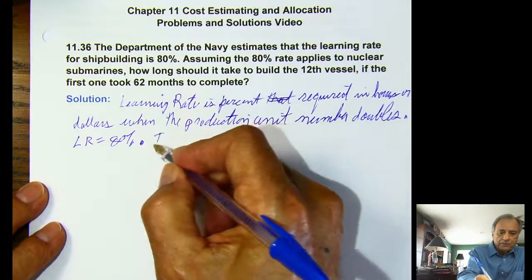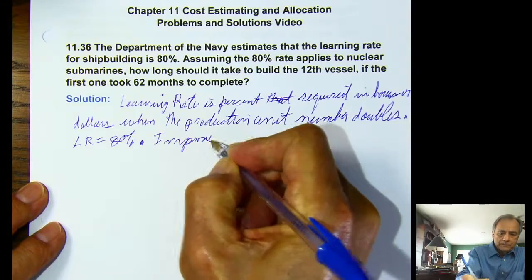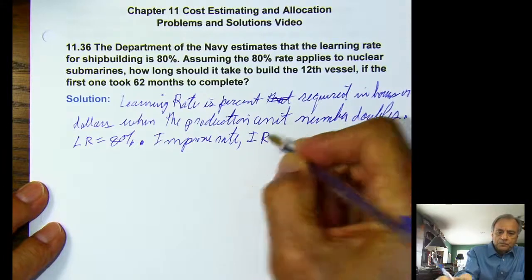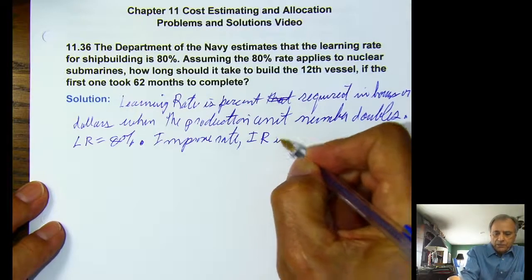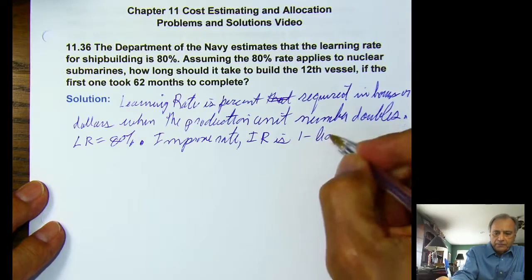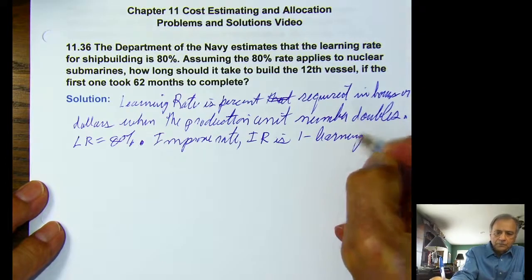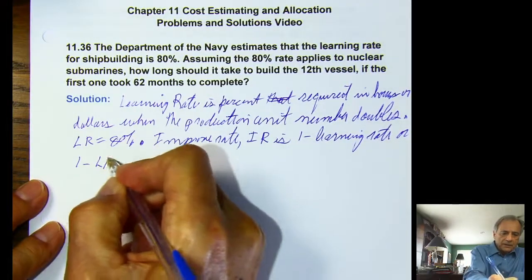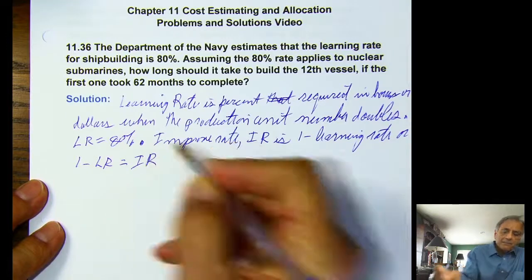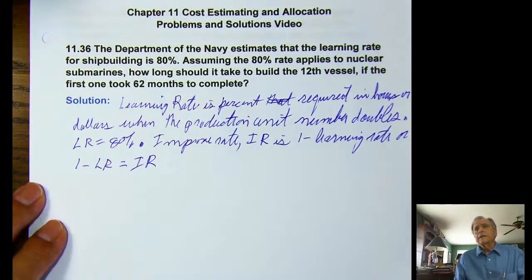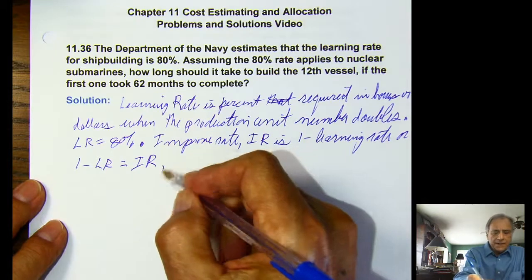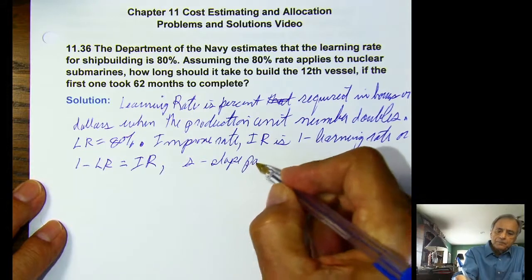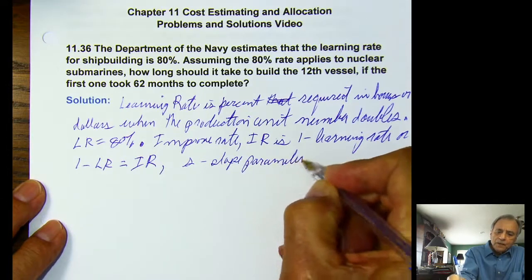The improvement rate is 1 minus the learning rate, or 1 minus LR equals IR. Okay. Then we define something called S. S is the slope parameter of the learning curve.